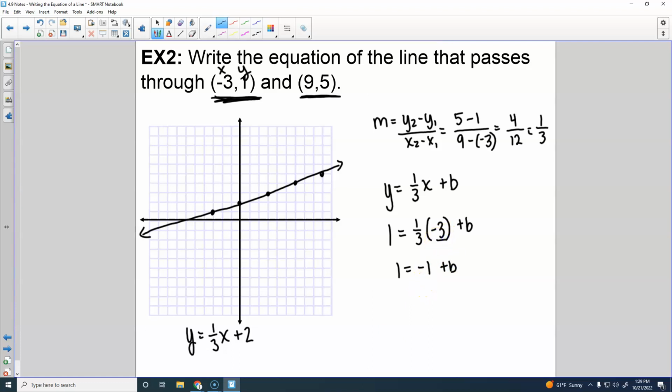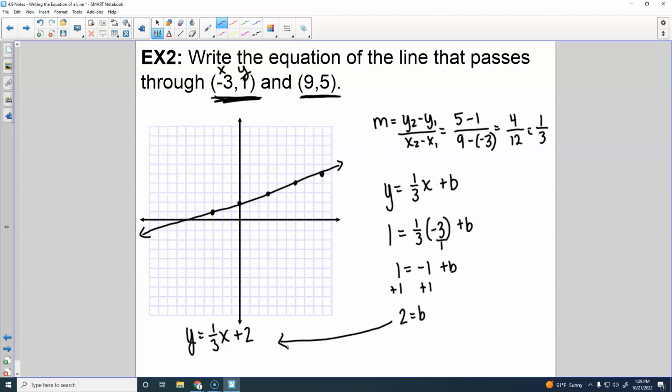It's like -3 over 3, which is -1. And then you add 1 to both sides, so 2 is your b. And so y equals 1/3 x plus 2.